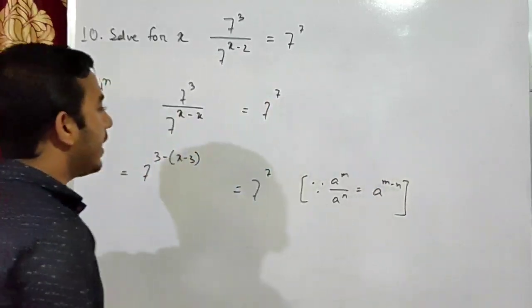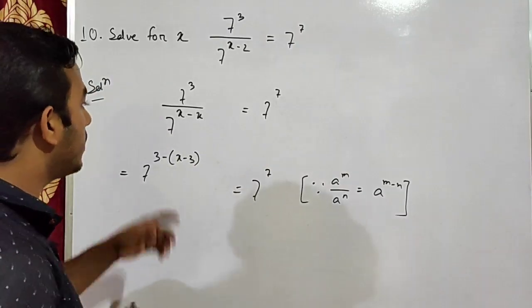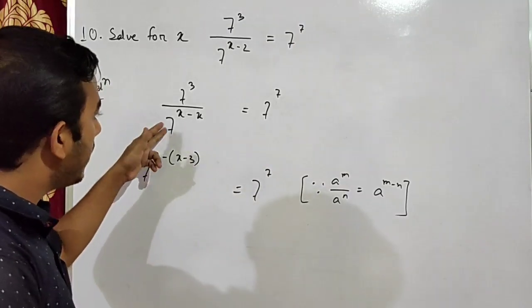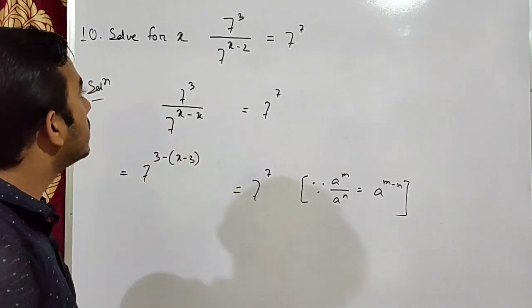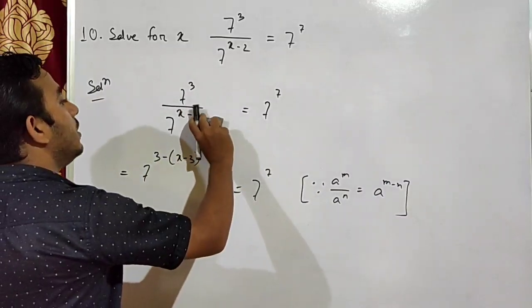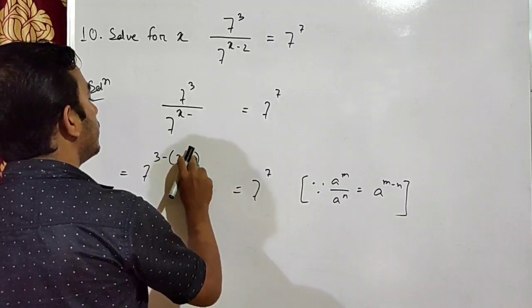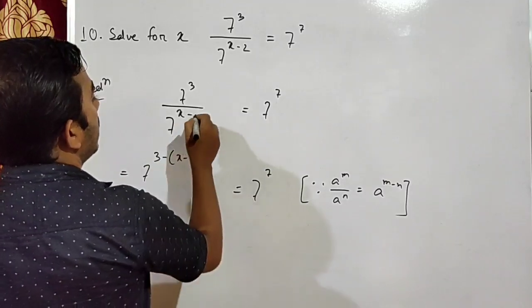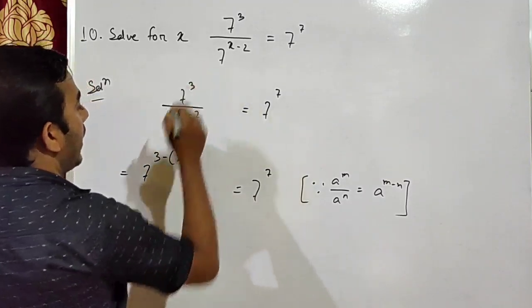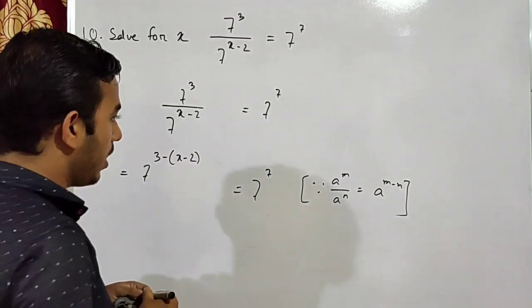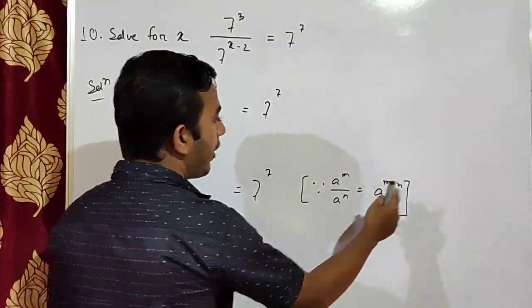Okay, so here a is what? 7. m is what? 3. Then n is what? x minus 2. Sorry, it is x minus 2. Okay, here we have the result a to the power m minus n.